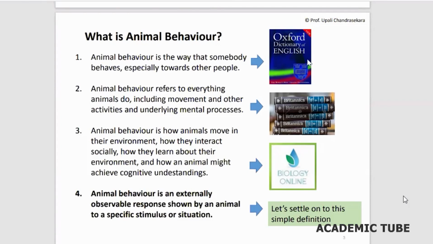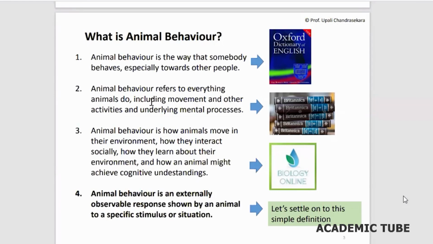So this general definition is not good for our study. Now, when you refer to the Encyclopedia Britannica, animal behavior is defined as everything animals do, including movements and other activities and underlying mental processes. That is how the Encyclopedia Britannica defines it.